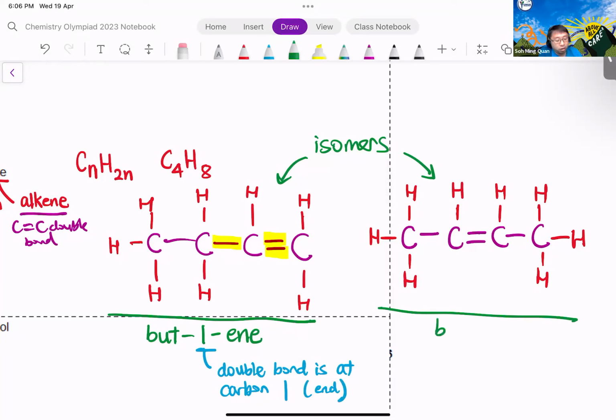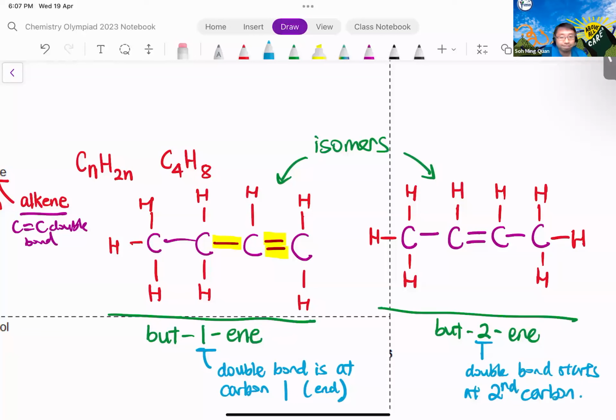The second molecule on the right is called but-2-ene. And the 2 in this case means the double bond starts at the second carbon. Okay. Then you must be thinking, oh, then can there be a double bond on the leftmost carbon and call it but-3-ene?